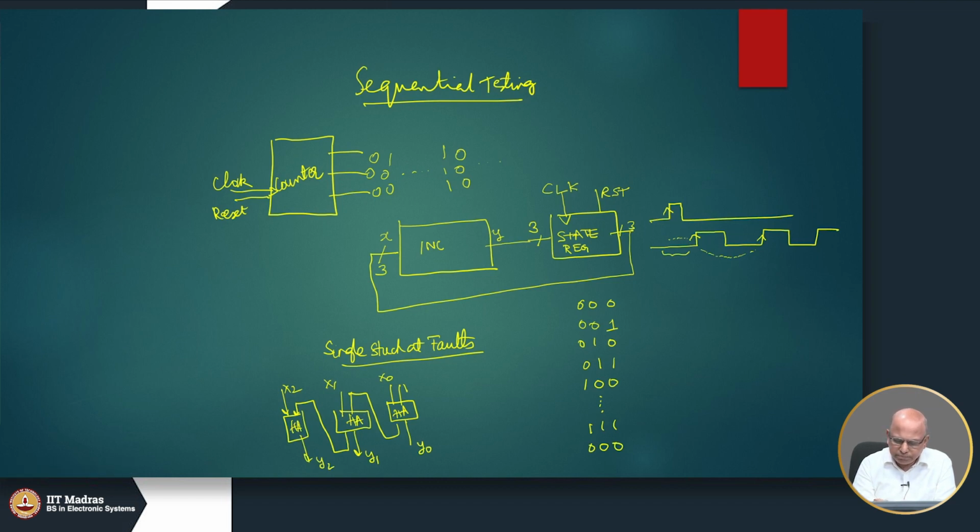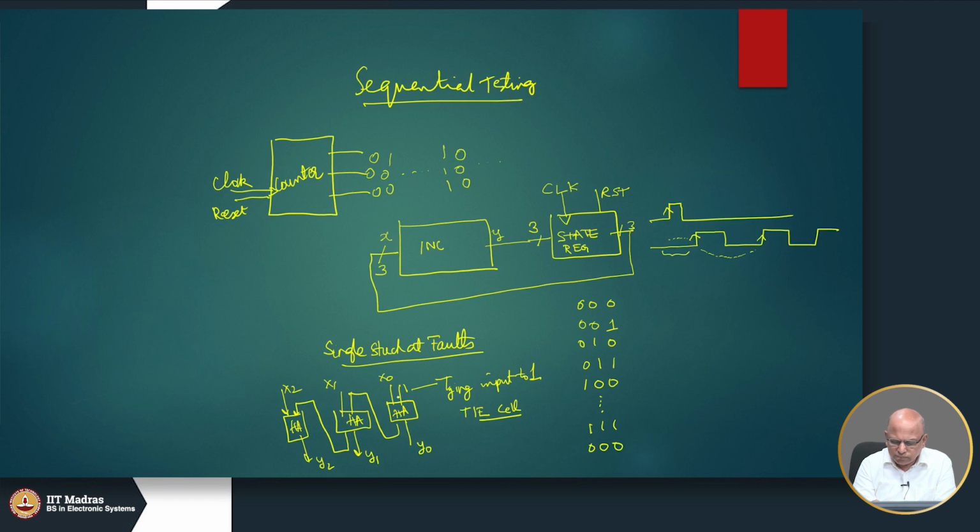I may have mentioned to you earlier that these are called tie cells. Here we are tying the input to 1. So, this is called a tie cell, and we are permanently connecting it to 1. So, if there is a stuck at one fault on this, we will not be able to figure it out.